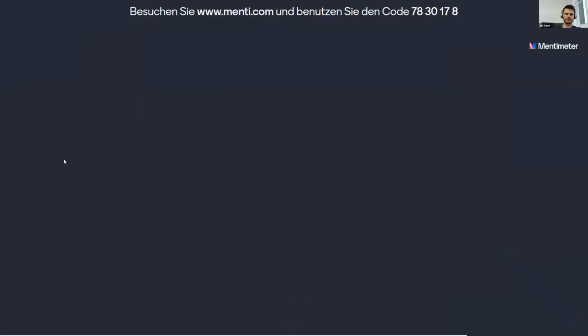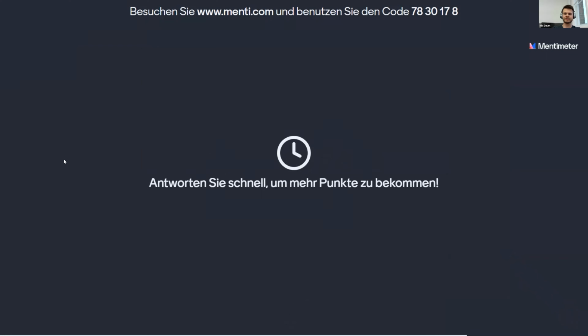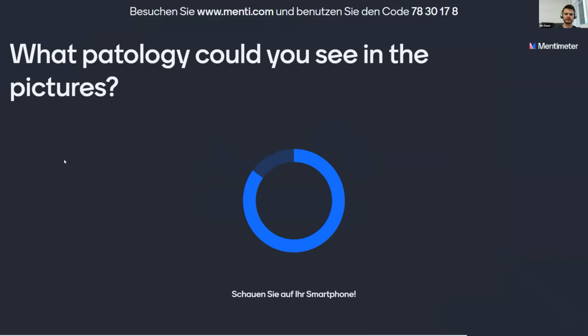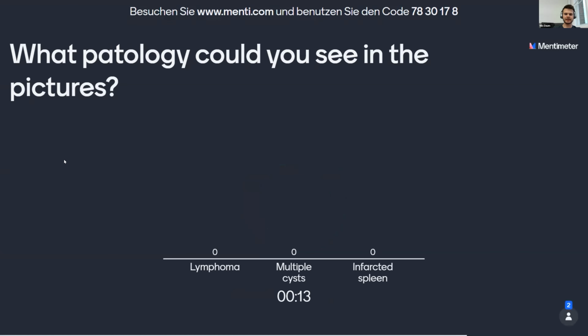Okay, so the question is again, what does the patient have? So do you think it's a lymphoma? Could you see some multiple cysts there, or is it maybe also an infarcted spleen?